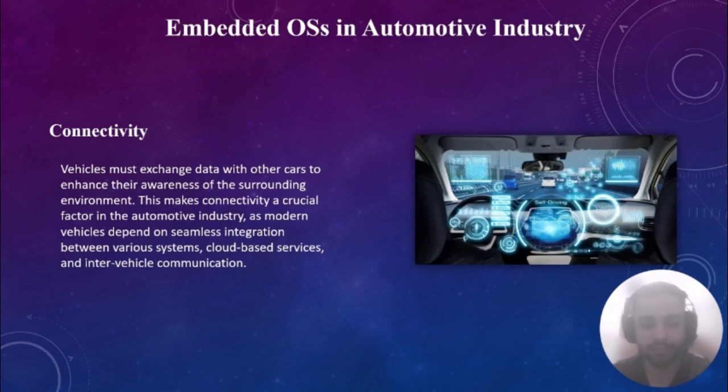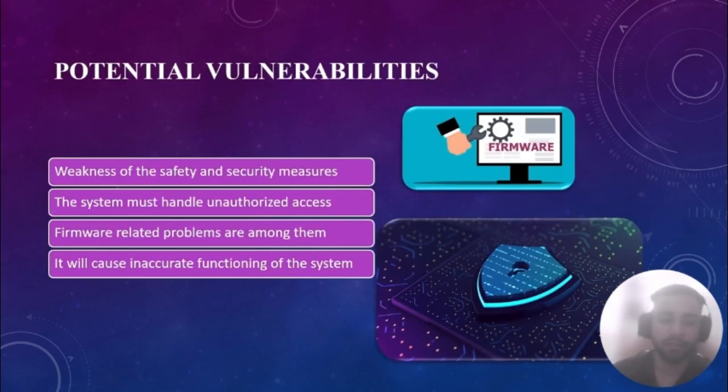Next part. Potential vulnerabilities. While embedded operating systems bring advanced functionality to automotive systems, they also introduce several vulnerabilities. One of the main concerns is the weakness in safety and security measures, which can leave vehicles exposed to cyber attacks.